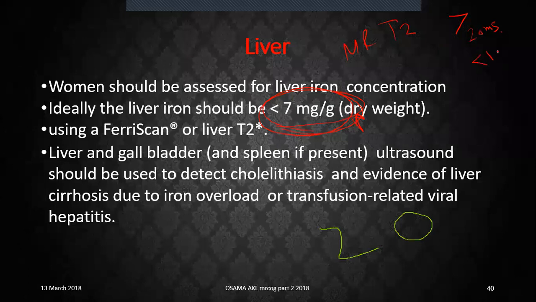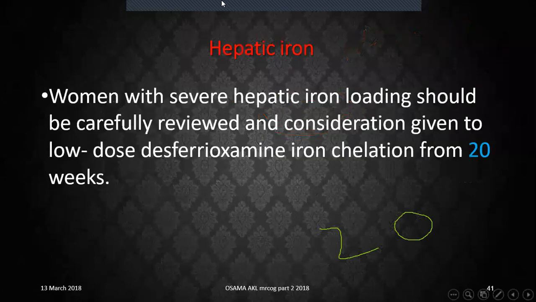And if less than 10 milliseconds, this may lead to heart failure. And between 10 and 20, it's borderline. Here in liver, we want iron to be less than 7 milligram. If higher than this, again, we can offer chelation at 20-24 weeks by desferrioxamine, 20 milligram per kg subcutaneous.